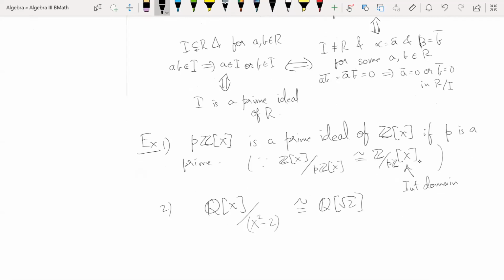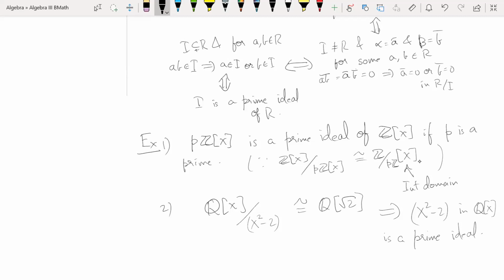This isomorphism implies that the ideal generated by x squared minus 2 in Q[x] is a prime ideal, because the right hand side is a subring of R. One can also show that it is actually a field, but that's a different point. At least it's an integral domain, since a subring of an integral domain is an integral domain.